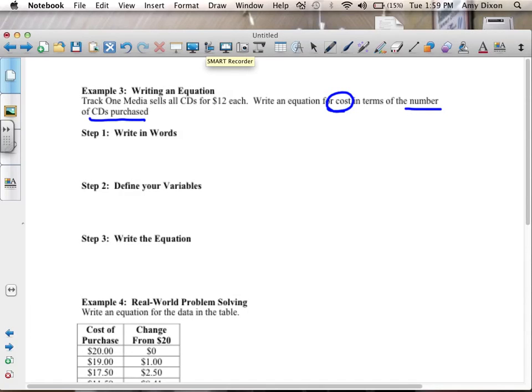In this situation, it's easy to just think about it in words first. If you're going into a music store and you're buying some CDs, what would that cost equal? Well, it depends on the number of CDs you purchase.